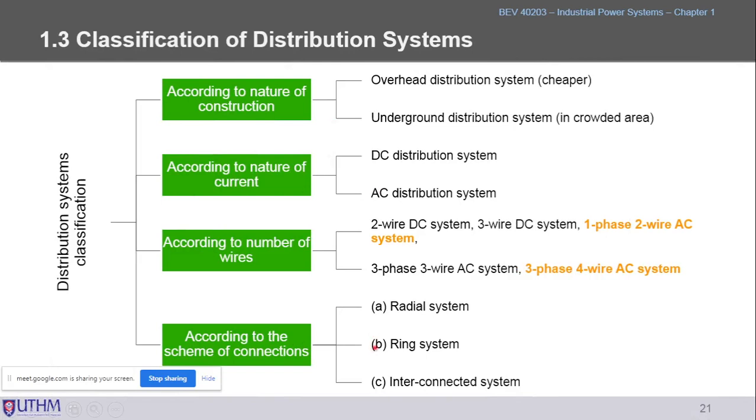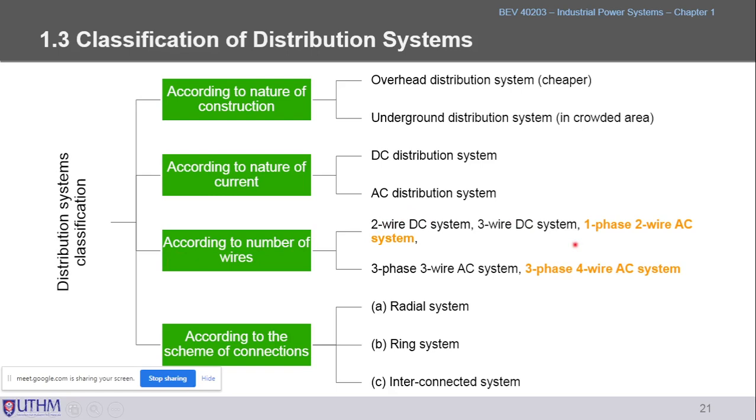Okay, the next is the distribution classification. It is according to some criteria. One is the nature of the construction, overhead line or underground. According to the nature of current, you have DC or AC. Most of us have AC only. Then the number of wires.